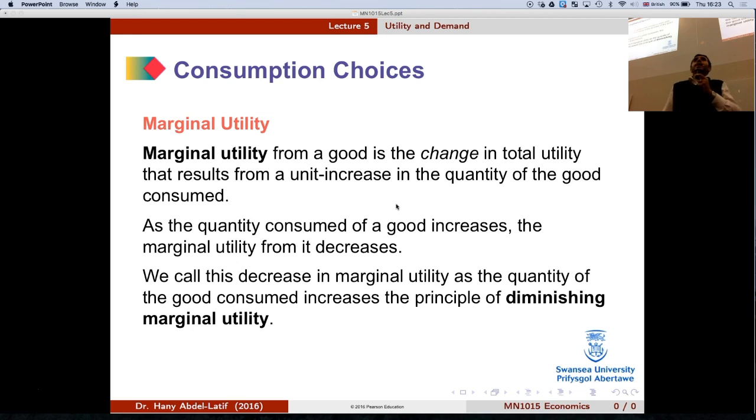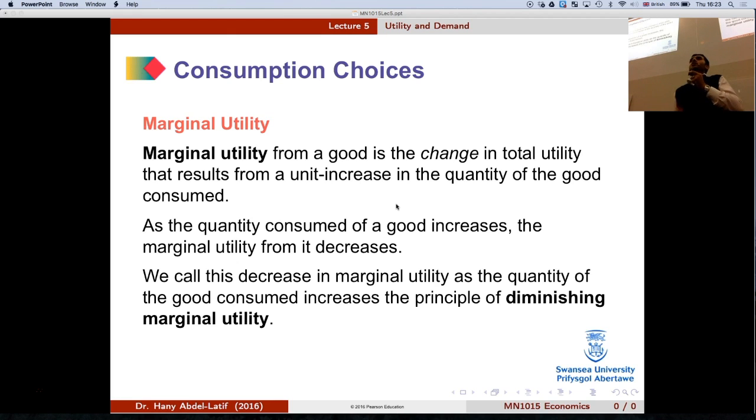So the first one you had, that gives you some satisfaction, some happiness. You're very thirsty. So the second one, well, you're happier now because your total utility increased, your total satisfaction increased. But how much the second one contributed to this will be less than the first one. So you needed the first one more because you were very thirsty. So the contribution of the first one is more than the second one.